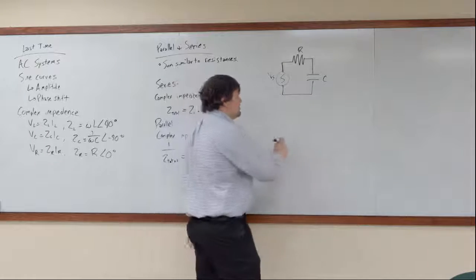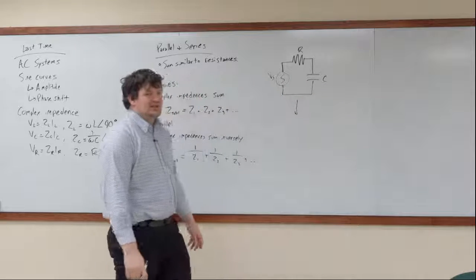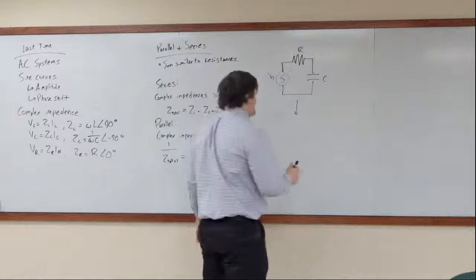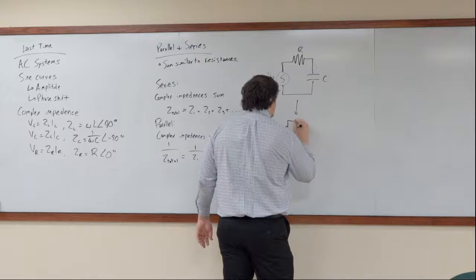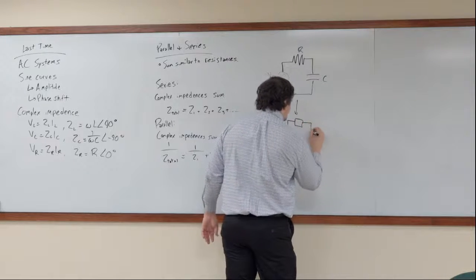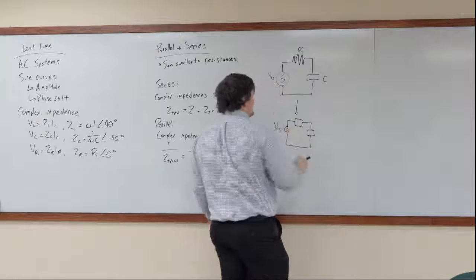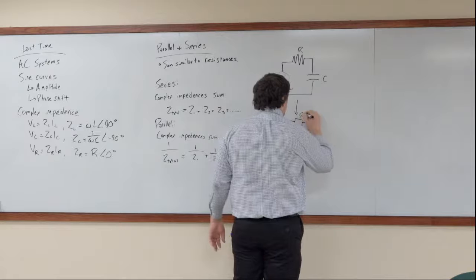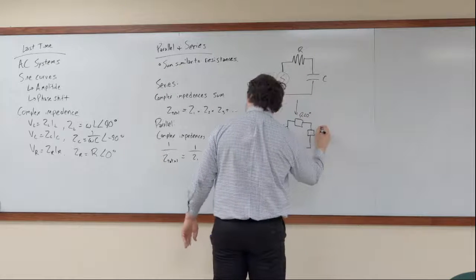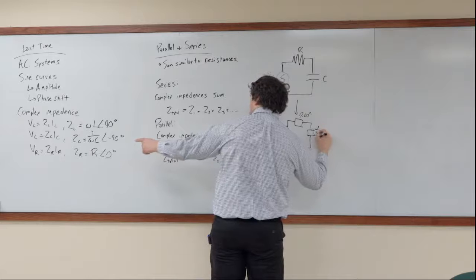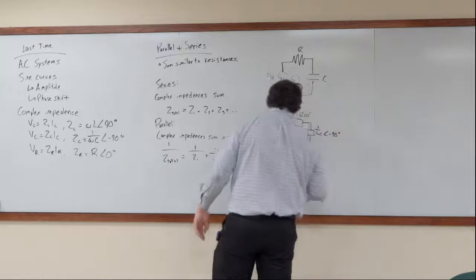I'm going to draw a diagram because this is how I understand it: this is a box, and this is a box. Instead of writing R, I'm going to write the impedance, which is R angle 0 degrees. And this one is going to be 1 over omega C angle negative 90 degrees. Okay?